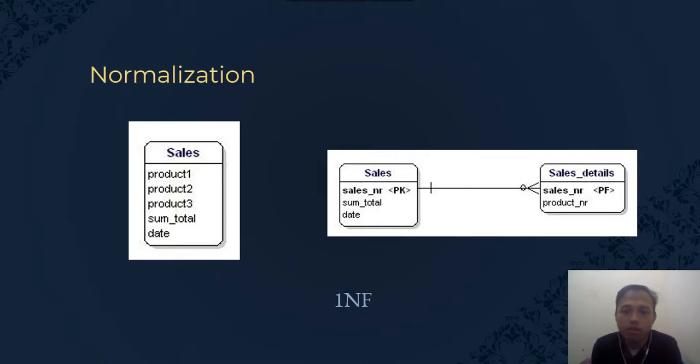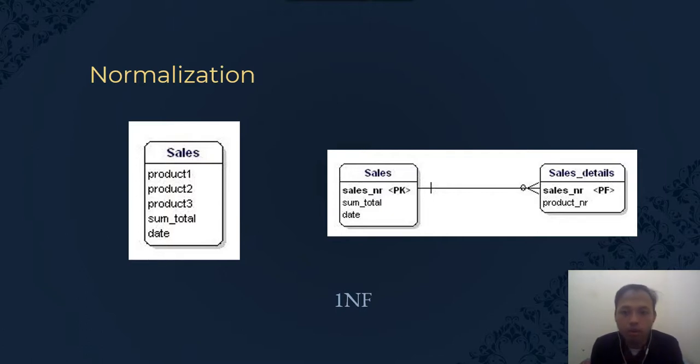Imagine that we have 10 products in one cell. We have to add the new product one by one, so it will take a time to do it. So in order to normalize it, we have to create the sales details entity or table.